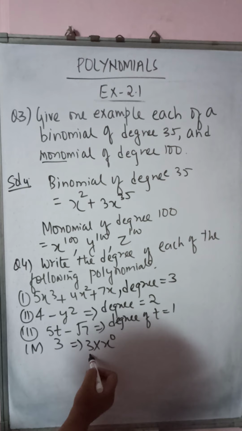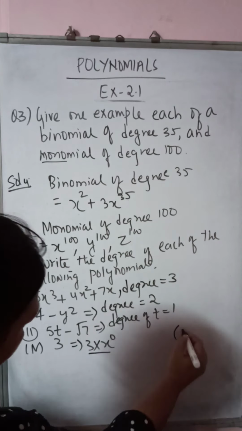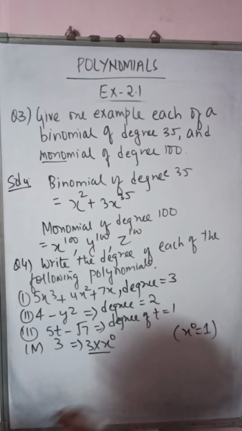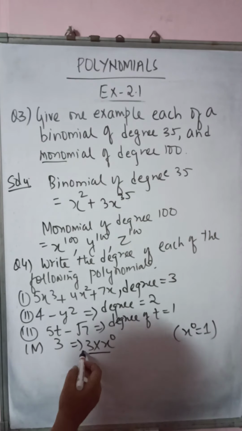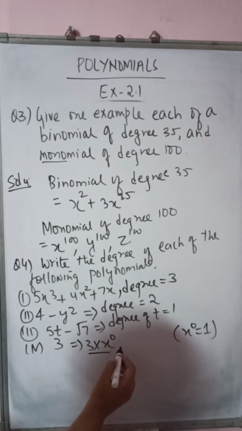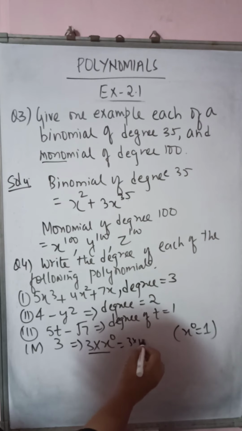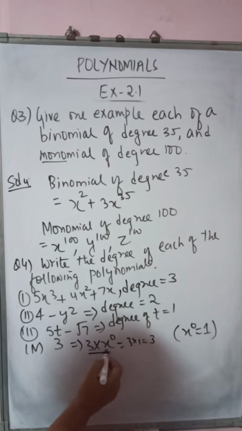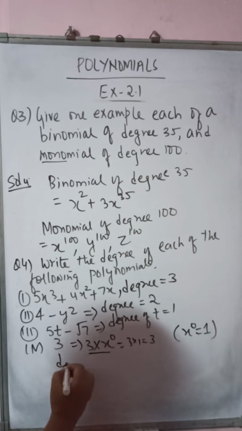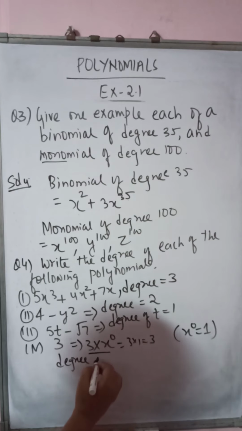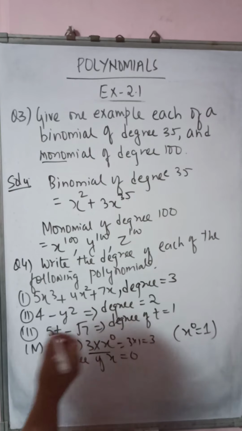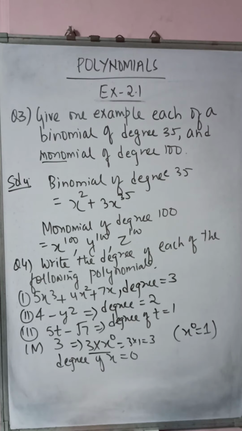So I have written 3 into x raised to power 0, because x raised to power 0 is nothing but 1. So 3 into x raised to power 0 will be 3 into 1, 3 only. So what is the degree of the variable here? 0. So the degree is 0. So question number 4 is done.